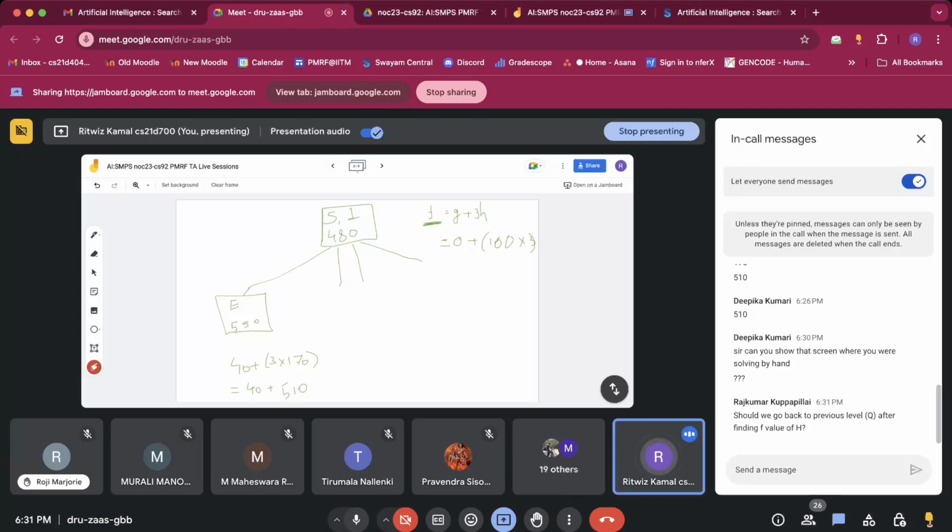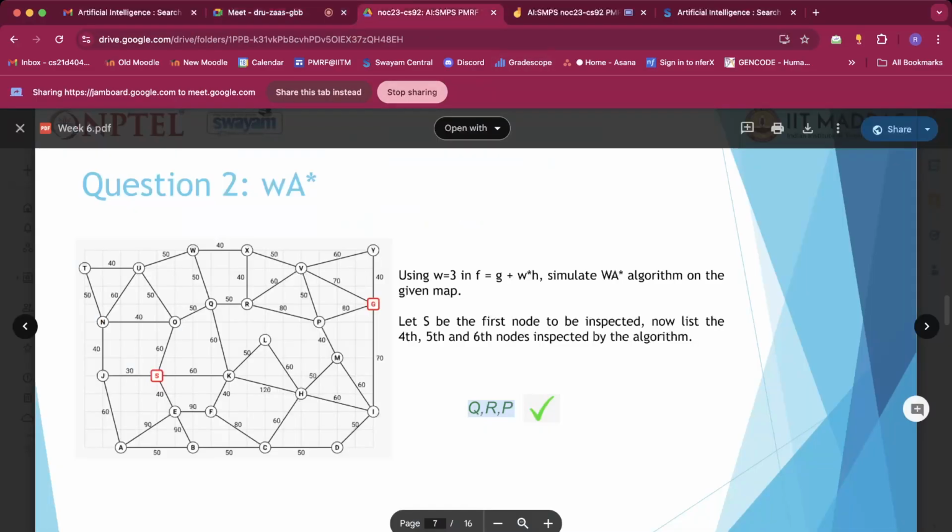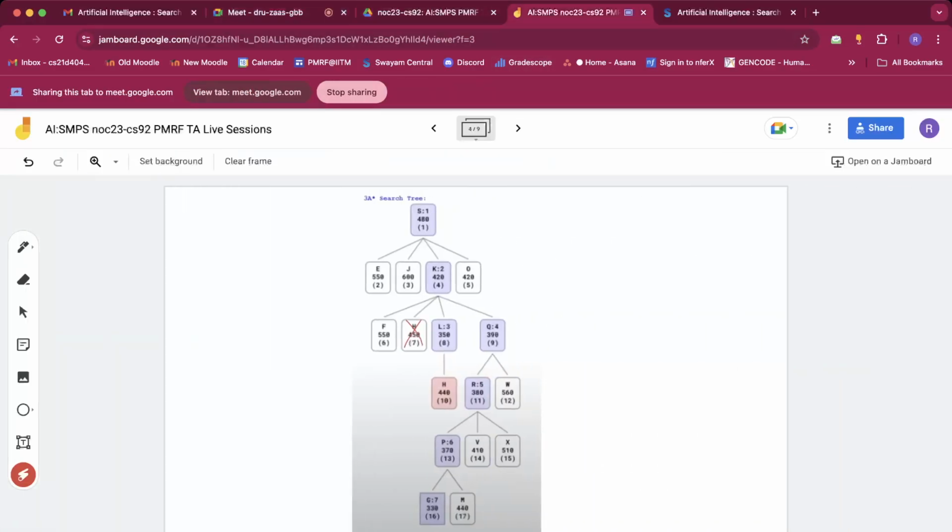So Rajkumar is asking, should we go back to the previous level Q after finding f value of h? Okay, let's go back to the tree and see. So I suppose you are referring to this particular situation, right? Yes. So it doesn't matter which level you are in, you always have to choose the best looking option from all the nodes that have not been explored yet, unless they have been stopped by propagation improvement, right?